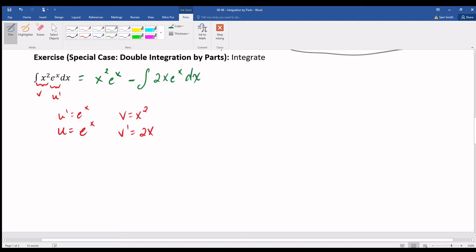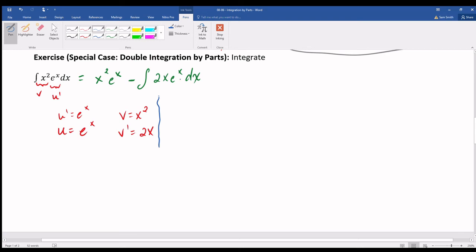Okay, well, at the moment I think that this integral in the back is still not easy to find. But nothing is stopping me from using integration by parts a second time to help me to further simplify this integral in the back here.